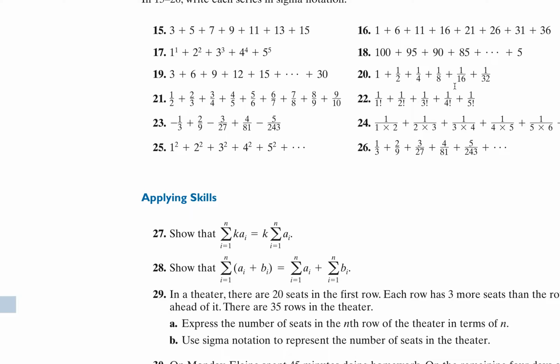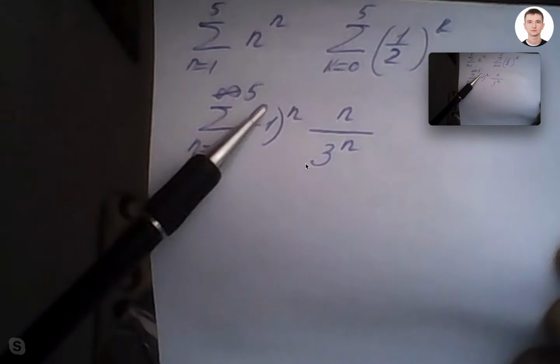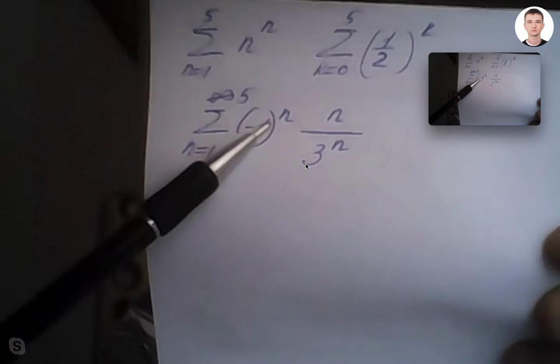So k over 3 to the k. But the signs are oscillating, and you have to write down the factor -1 to the k power. That factor gives you the oscillating signs.